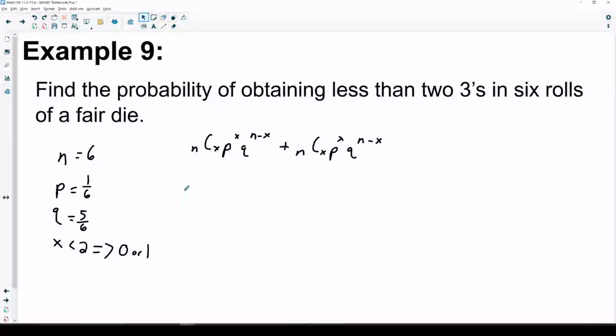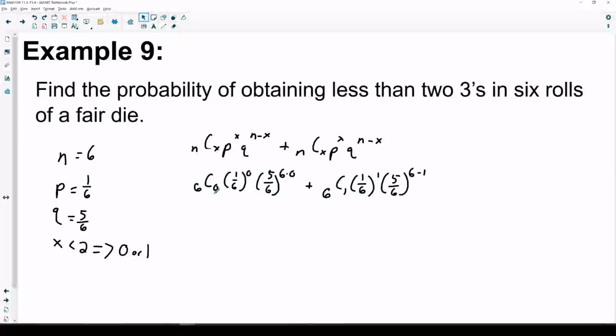So if I'm looking for 0 first, I have 6 choosing 0 times 1/6 to the 0th power times 5/6 to the 6 minus 0 power. On the second side, well, now I want the 1s. 6 choose 1 times 1/6 to the first times 5/6 to the 6 minus 1, or 5, right?